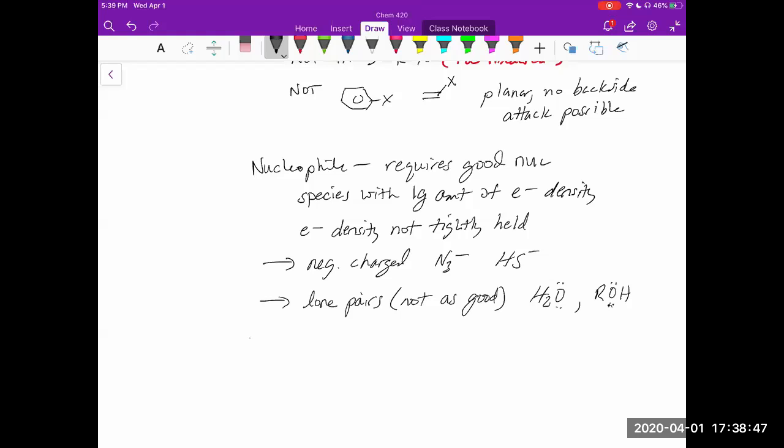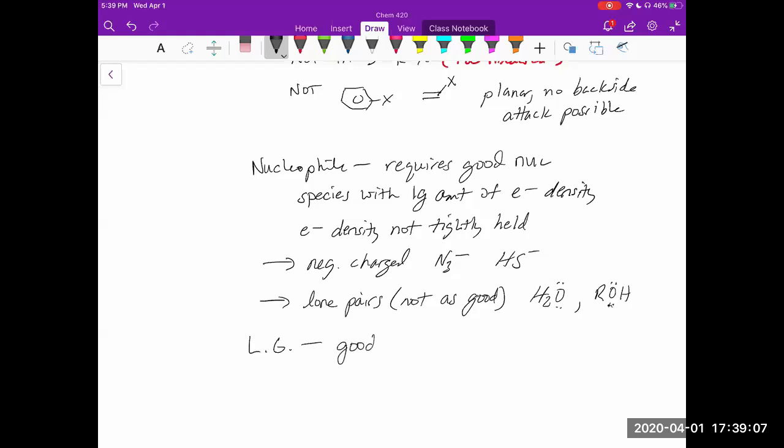And then we learned about leaving groups. That's what LG stands for, leaving group. And in order for a reaction to occur, and this applies to SN1, SN2, any of those, you have to have a leaving group.